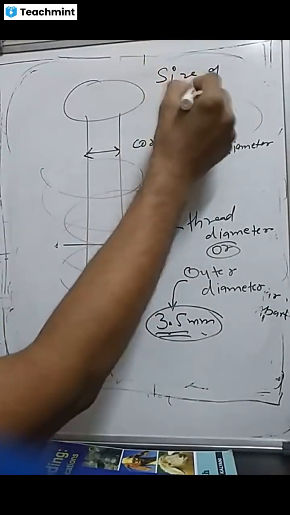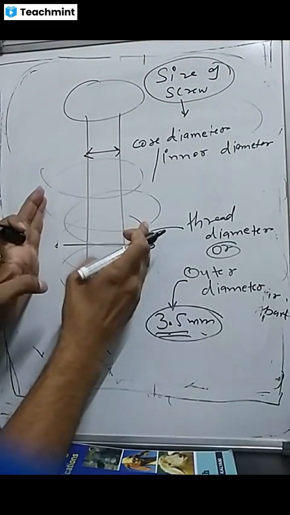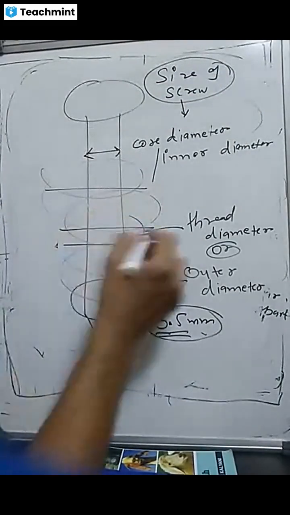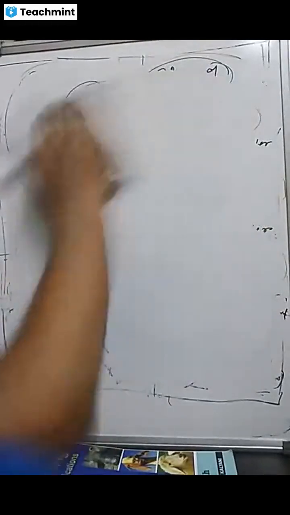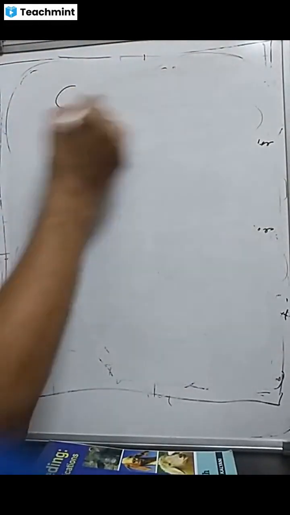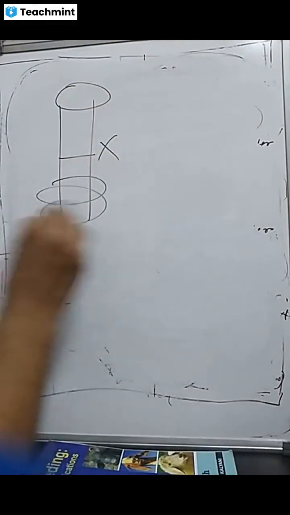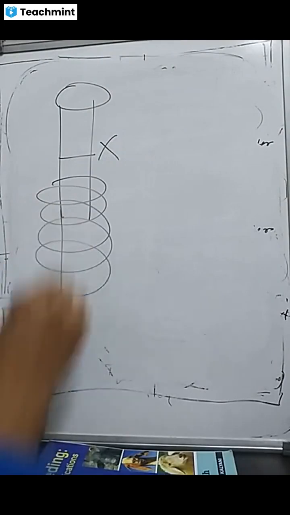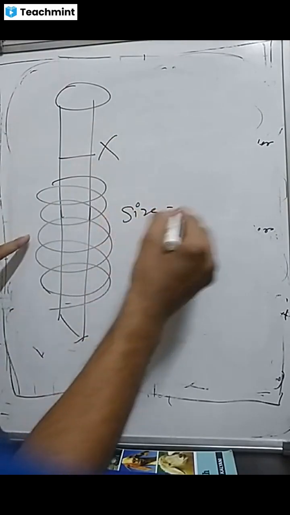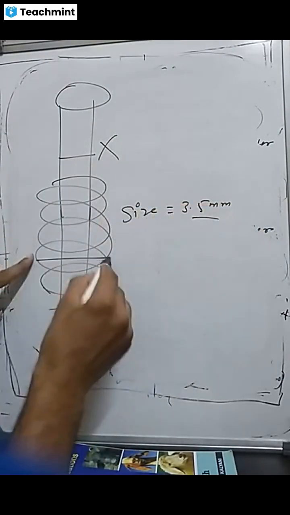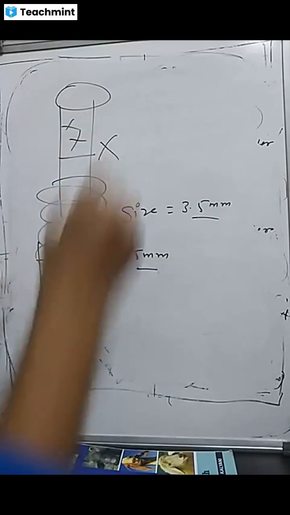So the size of a screw in the market is available by this diameter, 3.5 screw. Here you are talking about this diameter. If it is partially threaded, it means your size 3.5 means this diameter, not the shaft one.